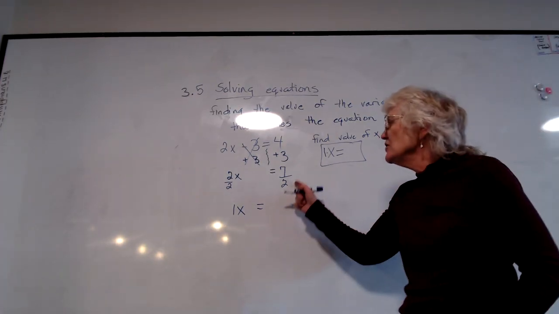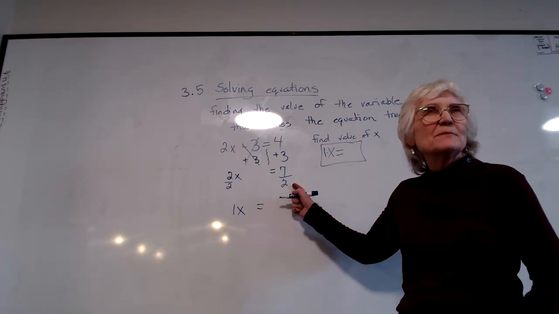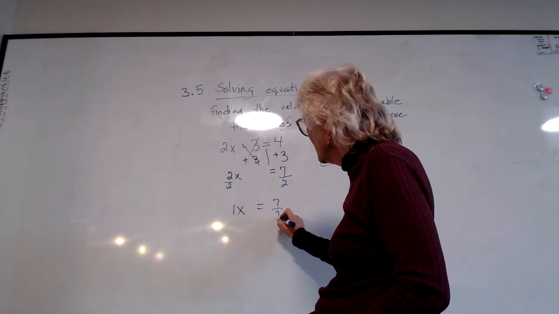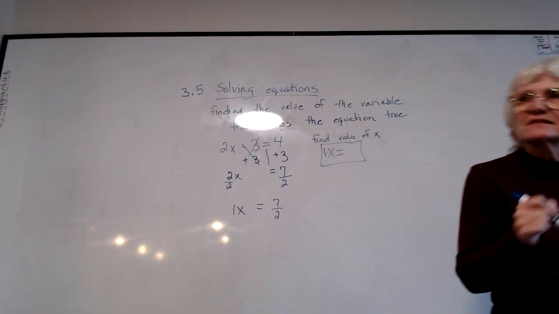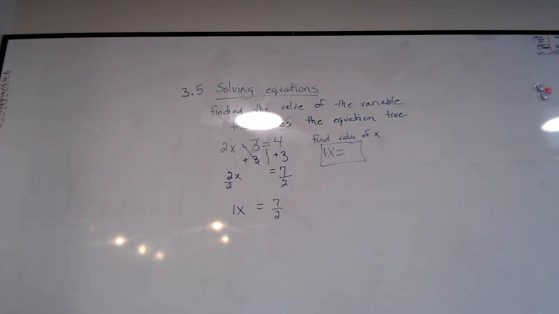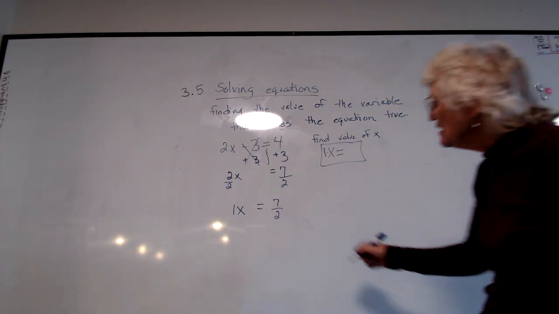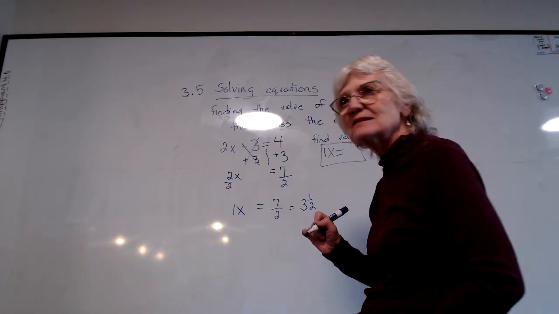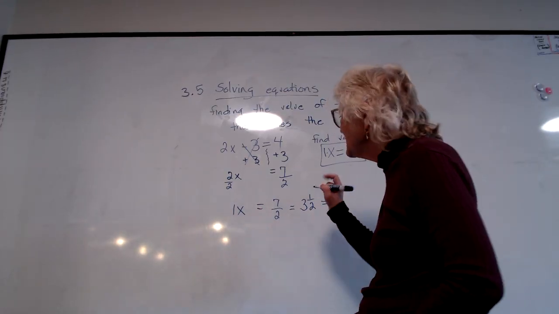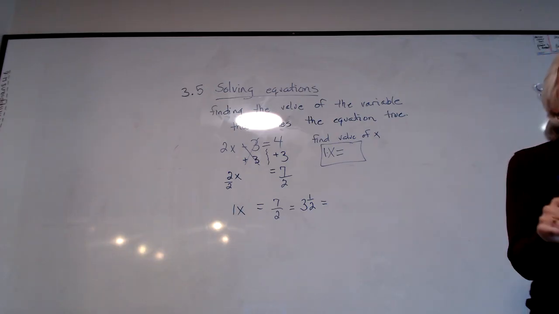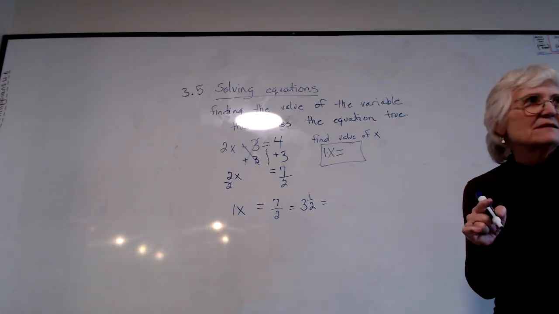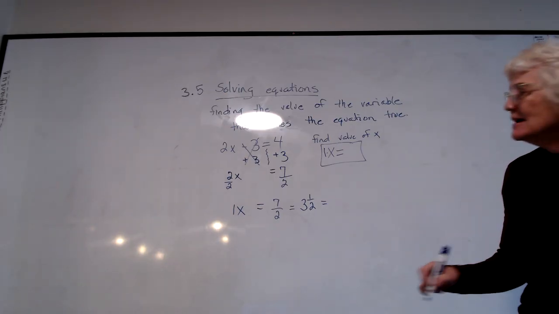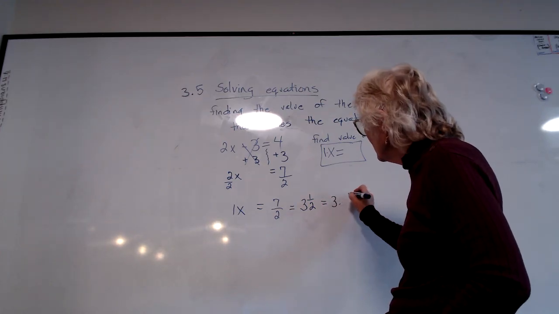You can change this into an improper or mixed number, but you don't need to. So this would just be our answer, 7/2, because 2 does not go evenly into 7. I can't reduce it, so this would be our answer. If you want to, it could be the mixed number 3 and a half, or, in this case, the decimal terminates, so you can write it as the decimal 3.5.